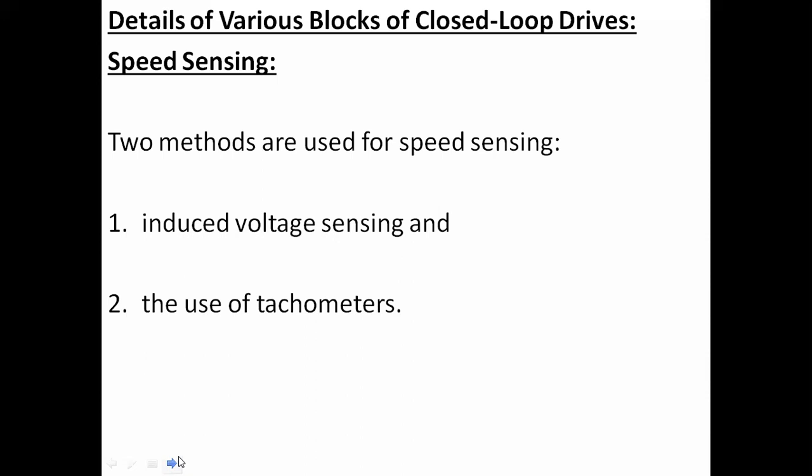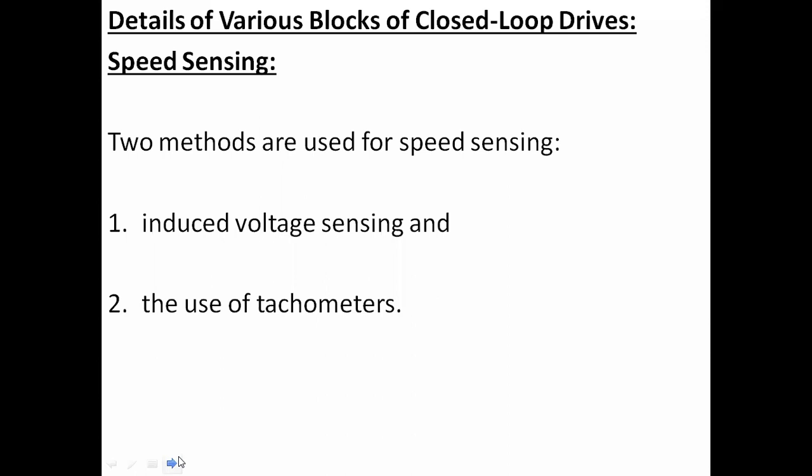Other than the first one, this second one will give accurate speed regulation. The use of tachometers will give more accurate speed regulation from the motor shaft. A tachometer is a device that is an AC or DC generator with a high order of linearity between its speed and the output voltage. For DC drives, DC tachometers are usually used.